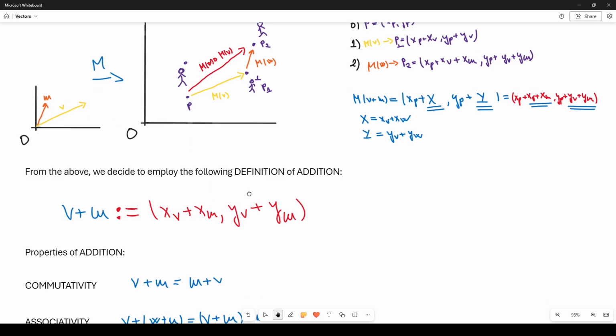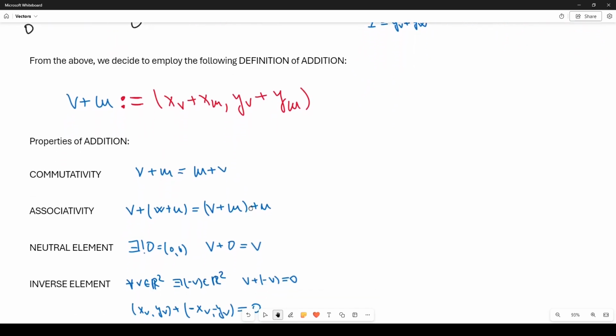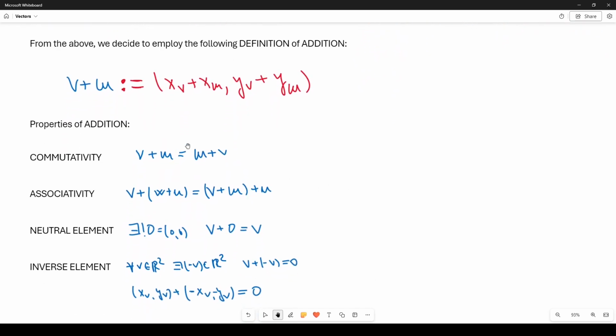So, and here are some properties of addition. Addition is commutative, associative. There exists our neutral element, which is just the zero arrow, just the ordered pair of 0, 0. And we have that for each arrow V, there exists a corresponding inverse element.